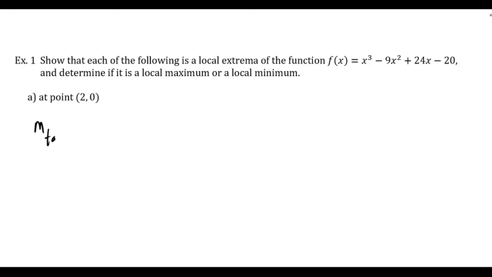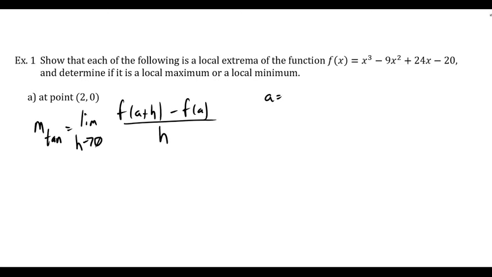Slope of the tangent is, remember this, the limit as h approaches 0, f of a plus h minus f of a over h. Where a is 2 and f of 2 is 0, gives us that.